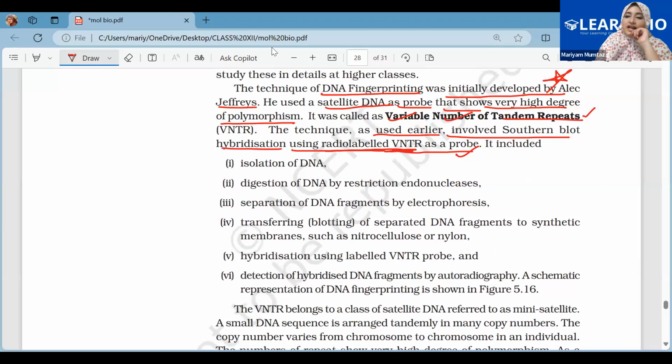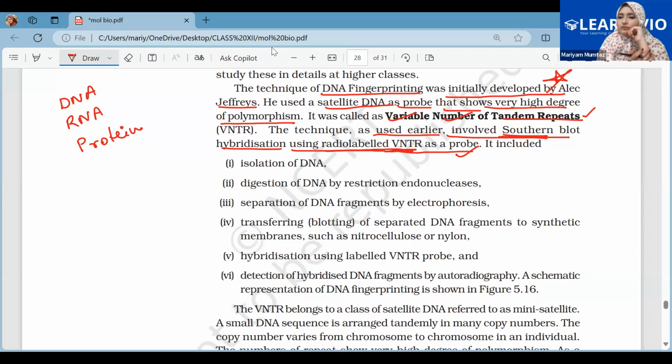But before that, they have written southern blotting. Does anyone know what southern blotting is? To identify DNA, RNA, and protein, blotting techniques are done. Do you understand what blotting is in general?